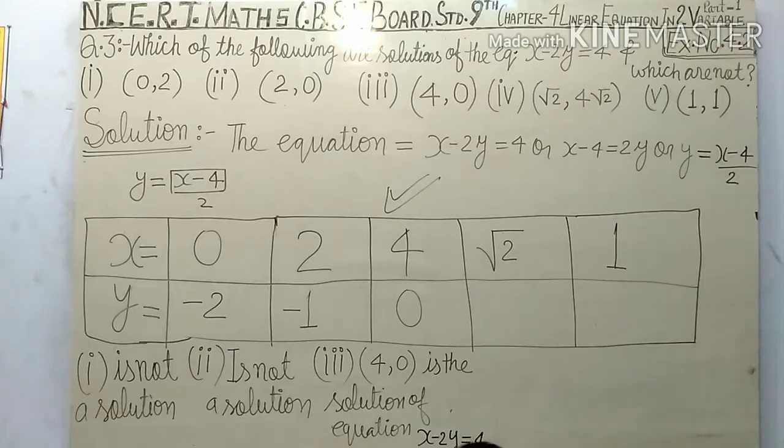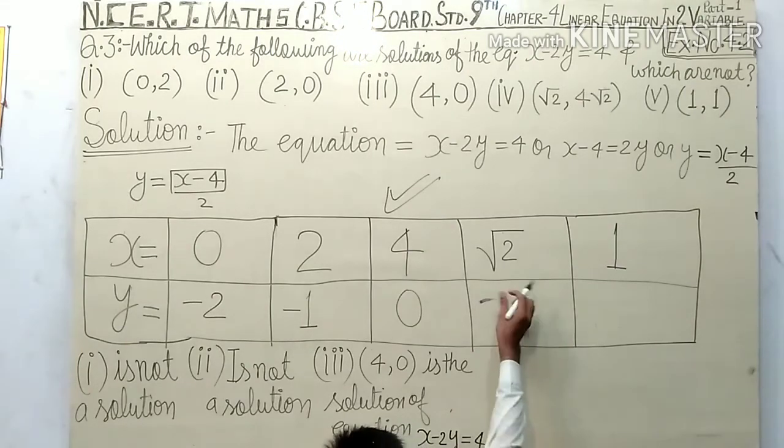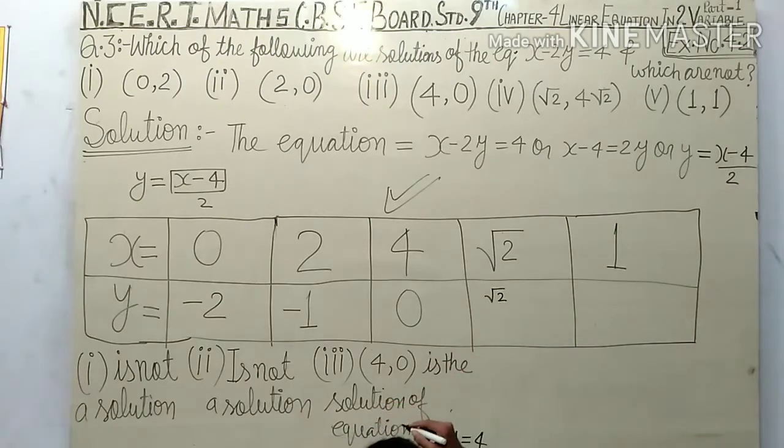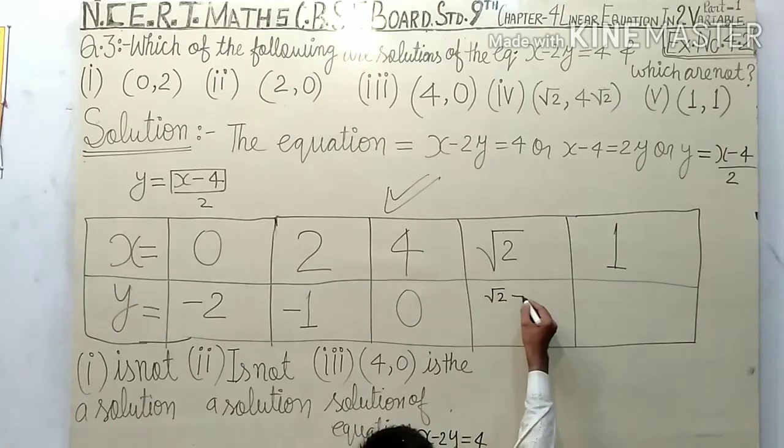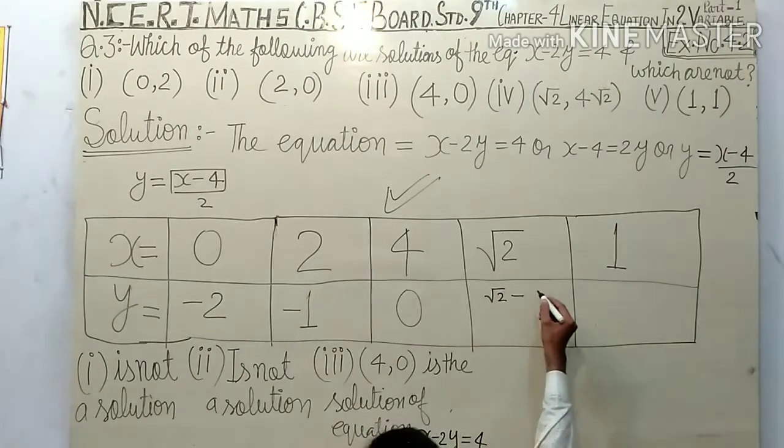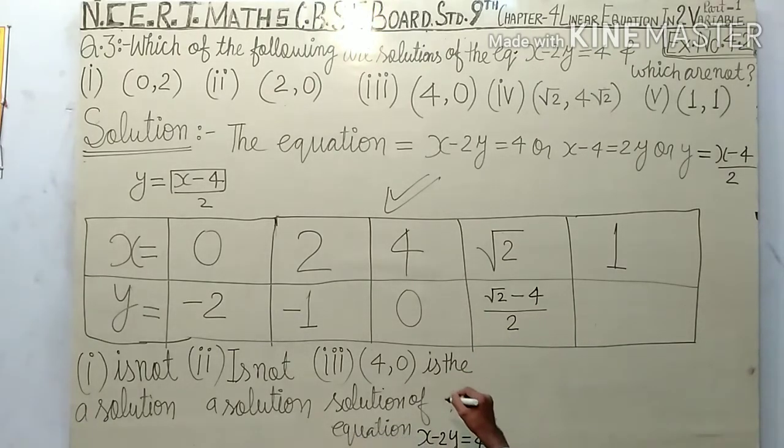Now with value root 2, minus 4 by 2, root 2 minus 4 by 2. So students, this is not satisfied.